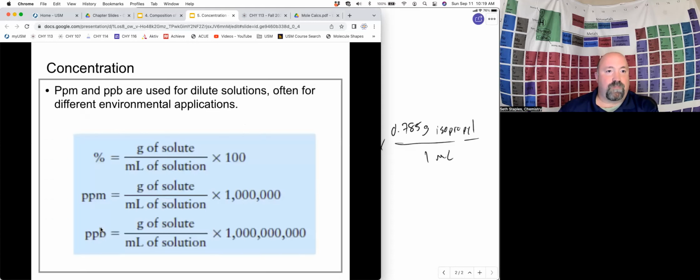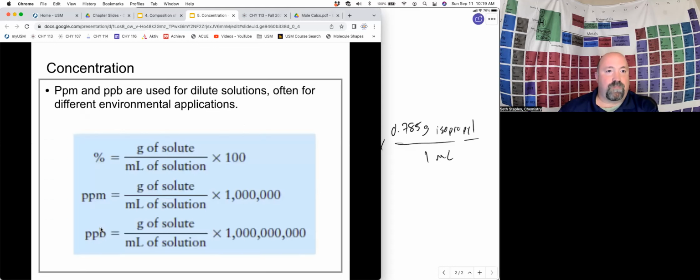For very dilute solutions in which there's not a lot of solute in there, we use parts per million or parts per billion quite often. This is very often used for different environmental applications.